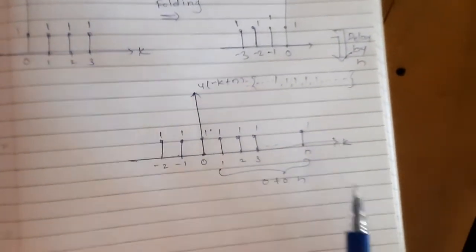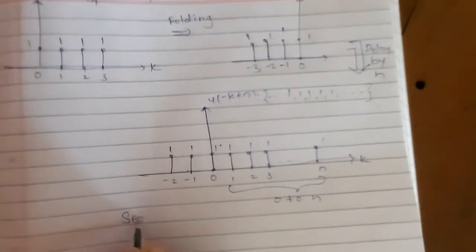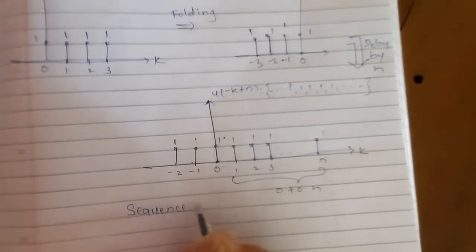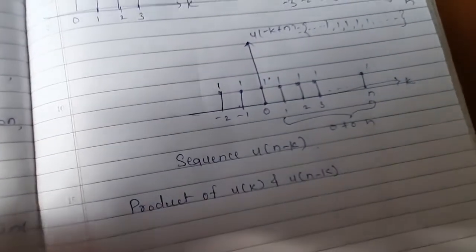So this is the sequence for delay by n. This is u of minus k plus n sequence. So above is the sequence of u of n minus k.